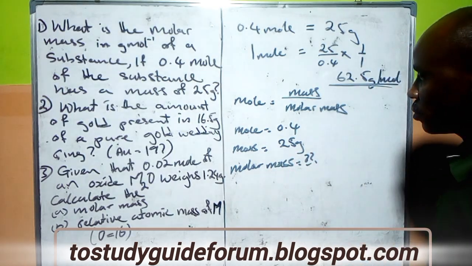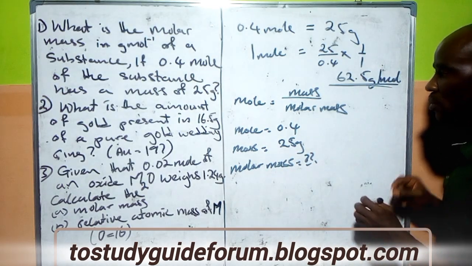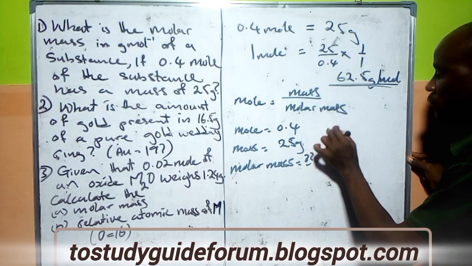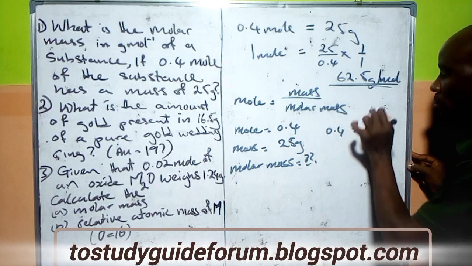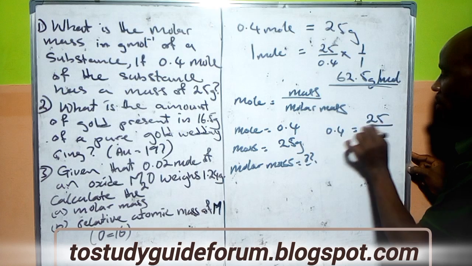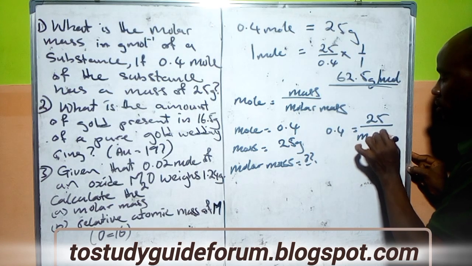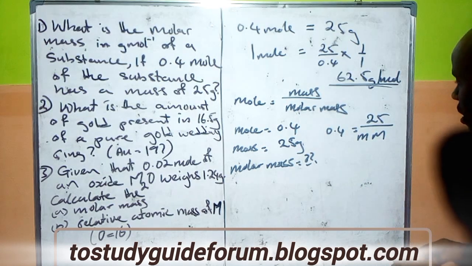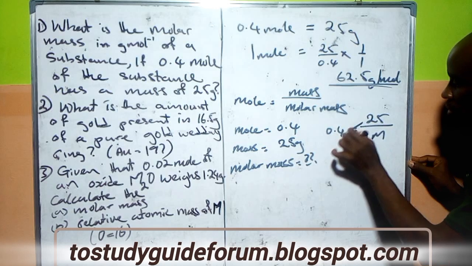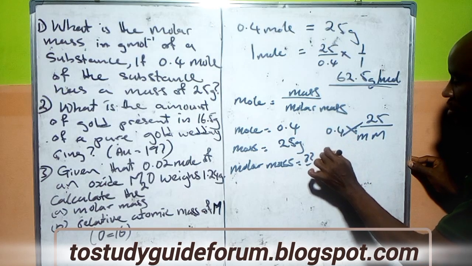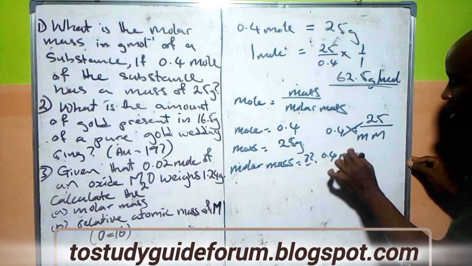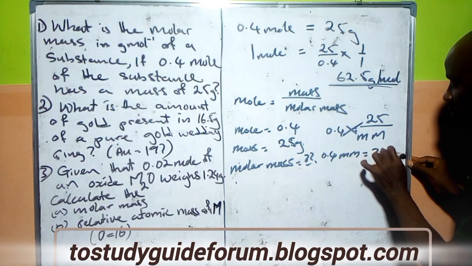So if we substitute the values given to us, we have mole, 0.4, equal to mass, which is 25, all over molar mass. Let me use ml in this case. So the molar mass is what we don't know. If we cross multiply, we'll have 0.4 times molar mass equal to 25.